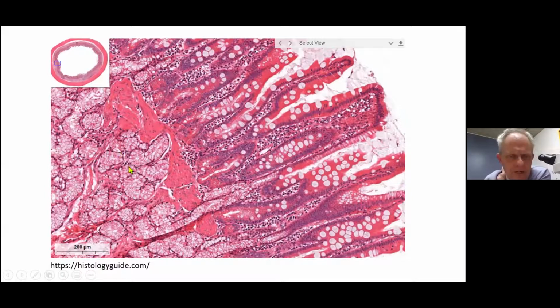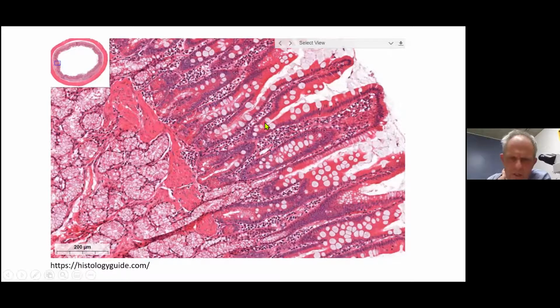And Brunner's glands are situated in a submucosal location. There you've got the muscularis mucosae, and then above that you've got the epithelium. And here you can see the villi, the duodenal villi there, and then here you've got the crypts.